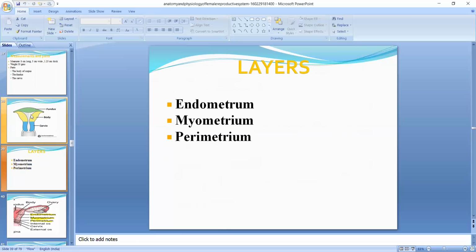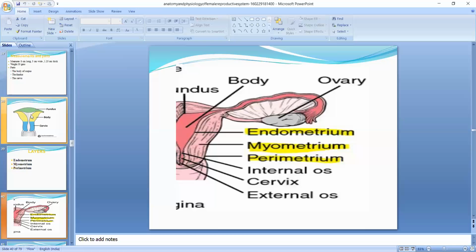But if there is no implantation of a fertilized egg, then it is shed through the menstrual blood. The myometrium has the muscles, so it is very important for contraction of the uterus. The perimetrium is the serous membrane layered on the outer surface of the uterus.